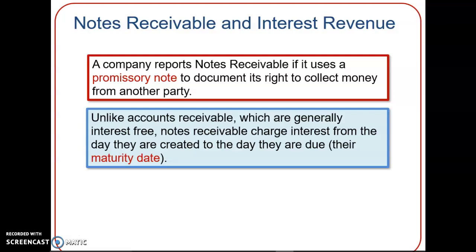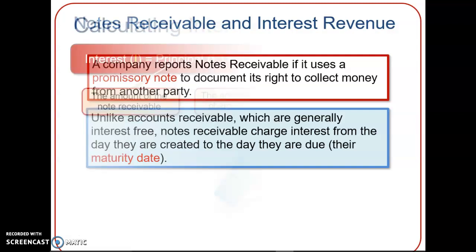We mentioned the differences between accounts receivable and notes receivable early on. Accounts receivable are generally interest-free, while notes receivable charge interest from the day they're created to the day they're due, their maturity date.